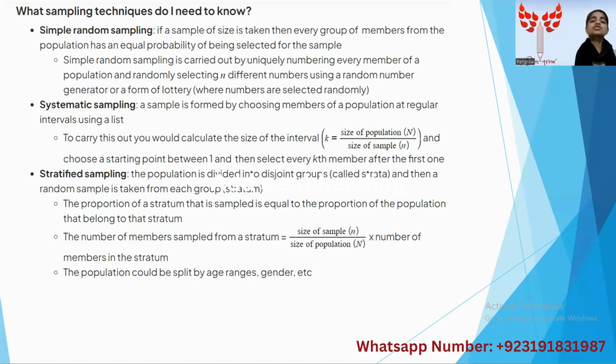The proportion of a stratum that is sampled is equal to the proportion of the population that belongs to that stratum. We're going to do a question on this later on. The number of members sampled from a stratum would be size of sample upon size of population, times the number of members in this stratum, right? We're going to look at an example of this later, and then you're going to understand this better.